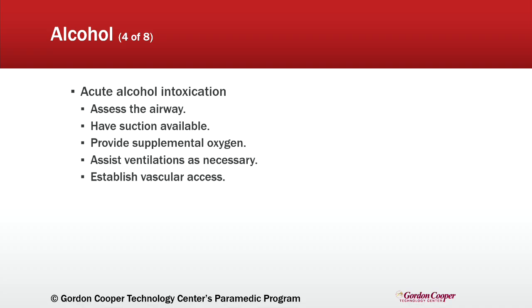Alcohol, as mentioned before, is a central nervous system depressant that suppresses excitatory neurotransmitters. The effects of alcohol depend on the amount consumed and the individual's body size. Blood alcohol content is used to assess the level of intoxication. Respiratory depression and the risk of aspiration are the major concerns in cases of severe alcohol intoxication.